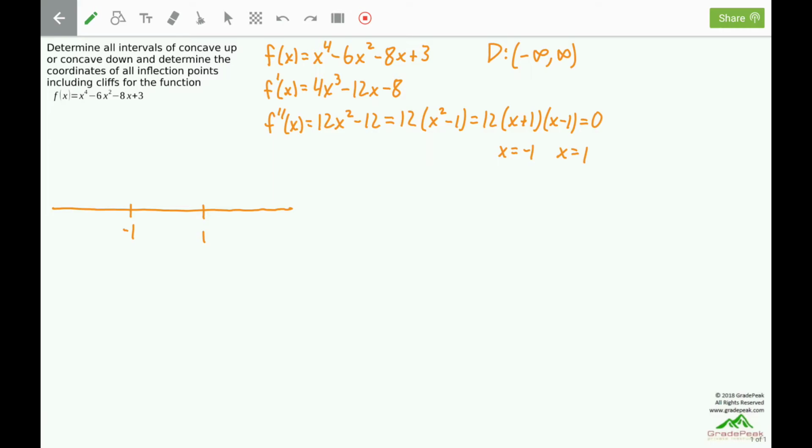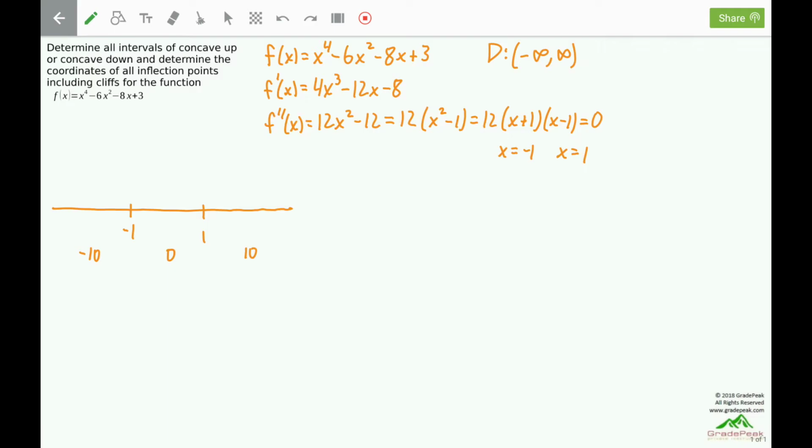We can pick a test value in each of the intervals. The first interval is negative infinity to negative 1. We can pick a test value of negative 10. The next interval is negative 1 to positive 1. We can pick a test value of 0. And then we have the interval from 1 to positive infinity. We can pick a test value of positive 10.